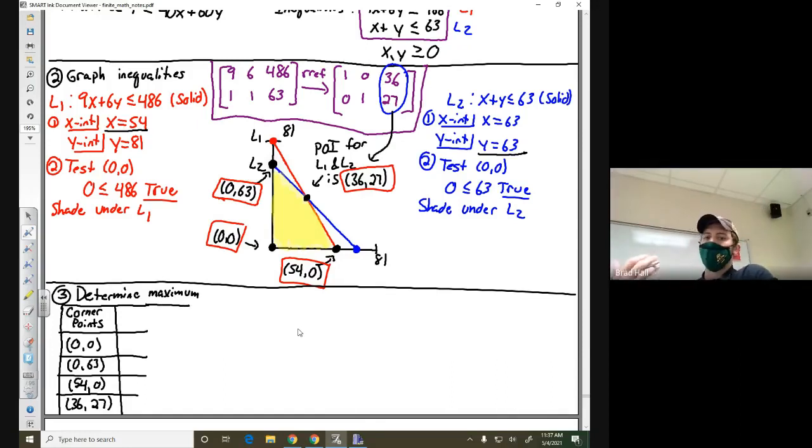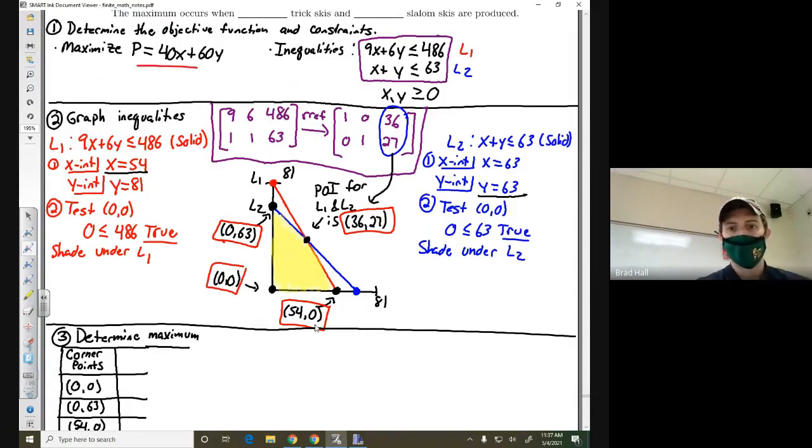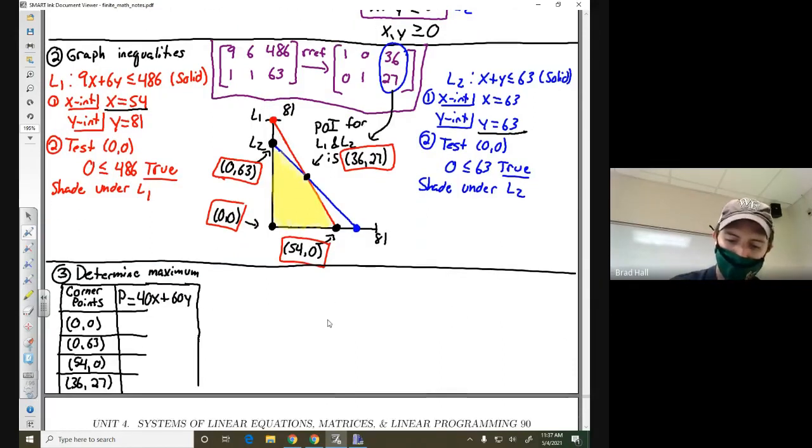So what are we plugging these points into? We're plugging these into the objective function, which we found in the very first step up here, 40x plus 60y. So we know exactly what to plug in.